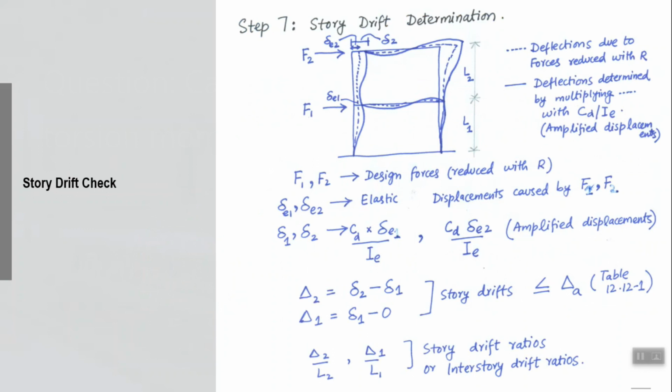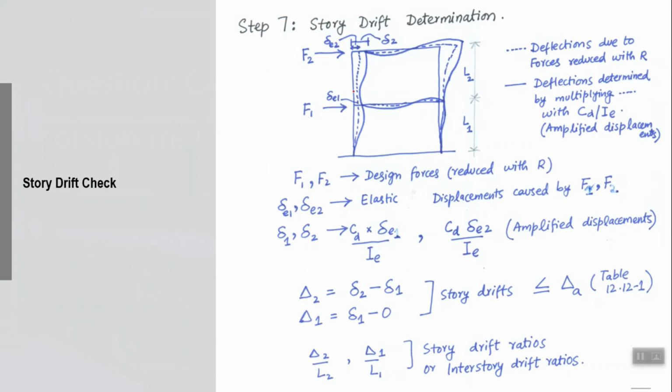tomorrow. So in this figure you have two deformed shapes for this example frame. One is a lower level of deformation, which is represented by the dotted line under the lateral applied forces, ELF forces, and the solid line is a higher level of deformation, right.